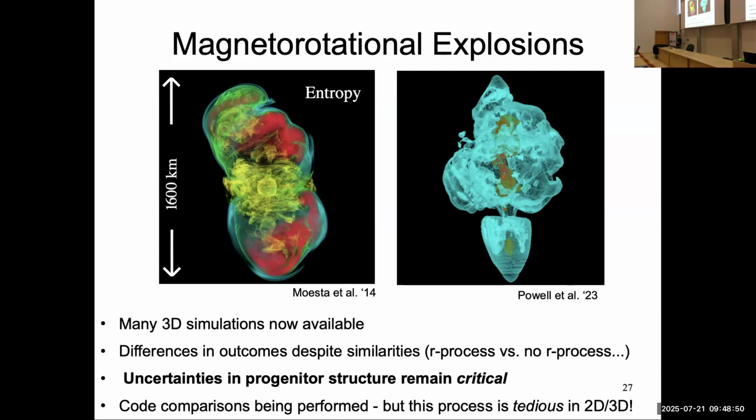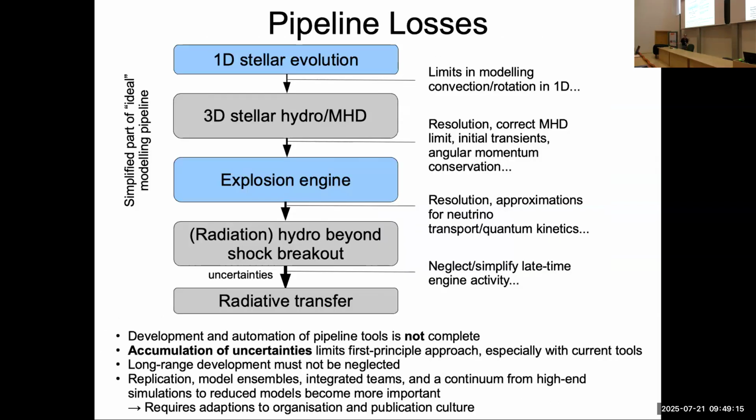And despite the fact that many of us are able to get MHD-driven explosions with various codes, if you look into the details, there are still differences, and the way to sort things out is to go more into the direction of code comparisons and ensemble modeling, which is actually a pain in the neck in 3D and 2D. It's awfully complicated, I can tell you. But that's also what we need some resources for, right?